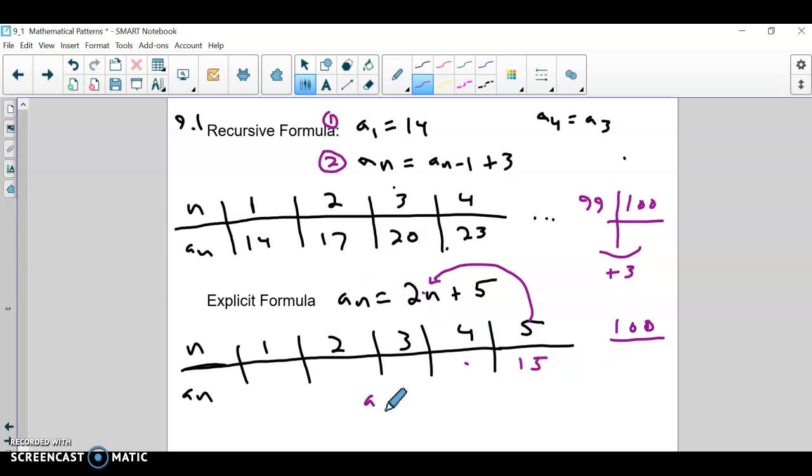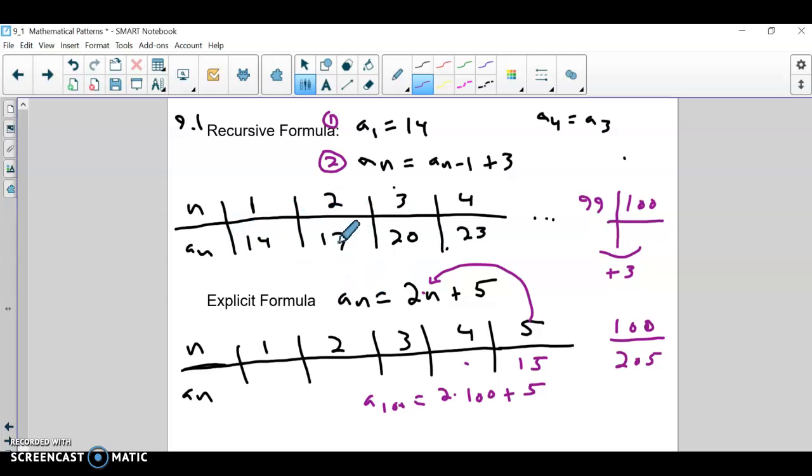So a sub 100 would be 2 times 100 plus 5, which is 205. That would be the 100th term, and I didn't need to know the 99th to do it.